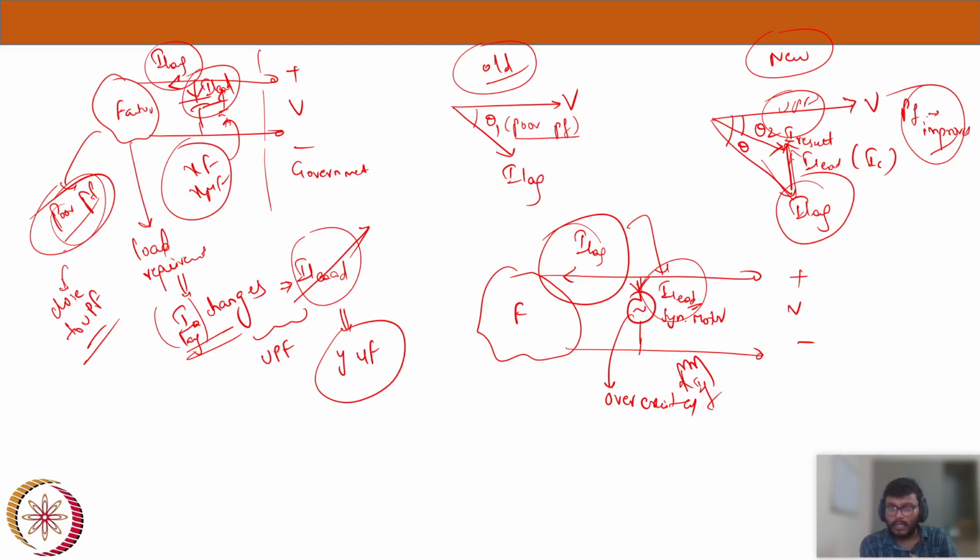That is, we keep it in the overexcited state, almost 90% leading current, because it should behave like a capacitor. This phrase you will come across in many numericals: whenever we are using a synchronous motor to supply a leading current, we call this kind of motor a synchronous condenser.